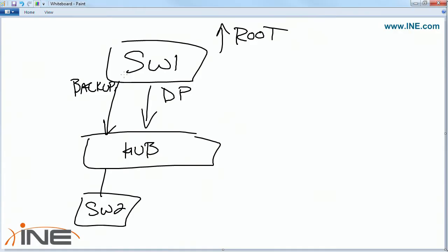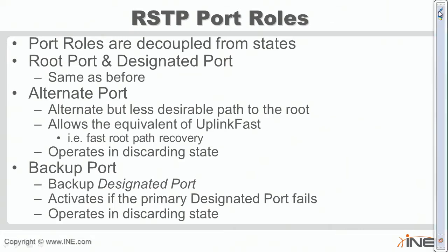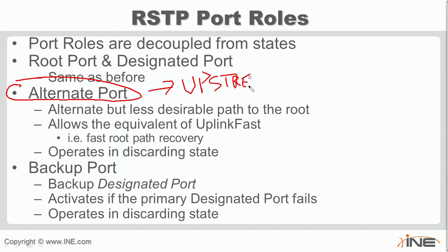Yes? Wouldn't that be a block port? It runs in the blocking state, it runs in the discarding state, but it's your alternate downstream facing interface, or I shouldn't say alternate because alternate is actually one of the port roles. This is a backup upstream port.